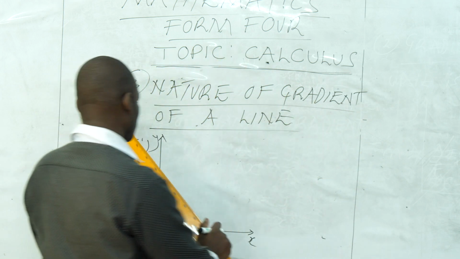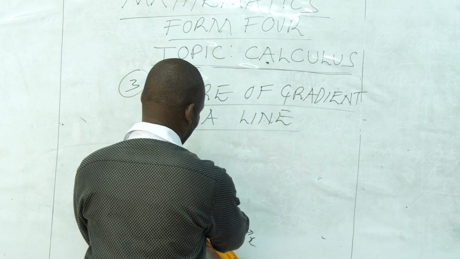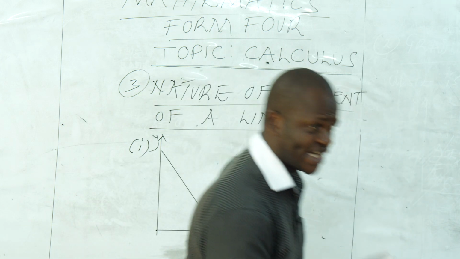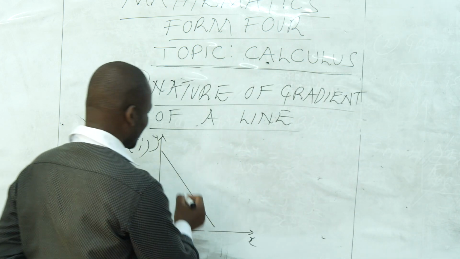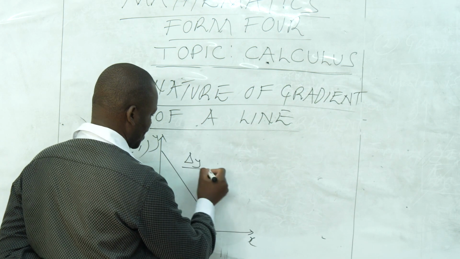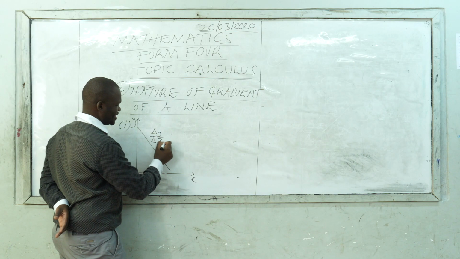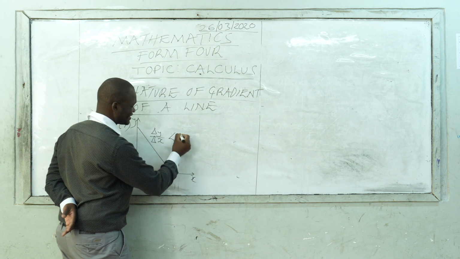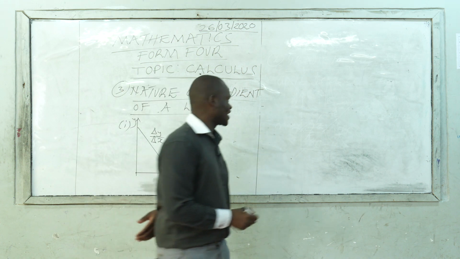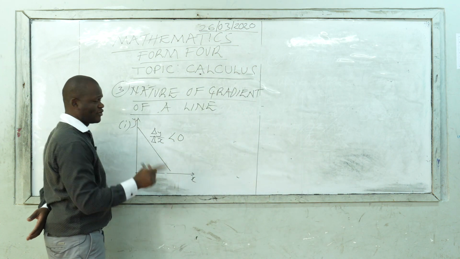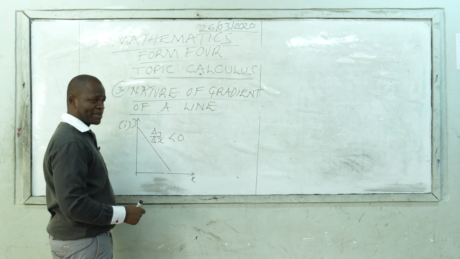Any line with this inclination will always have a negative gradient. So in this case, the moment you find the gradient, meaning change in y over change in x, whatever value you get will be less than 0, implying it's going to be negative. Something you covered in your Form 2, but we're just having a quick recap of that.